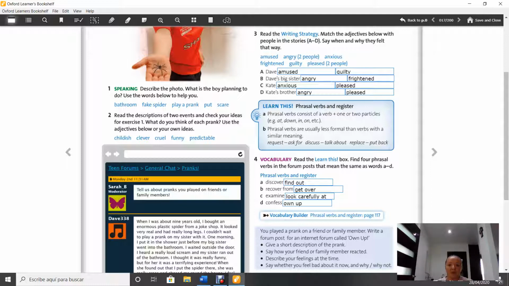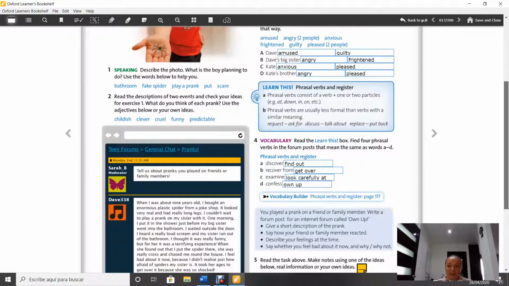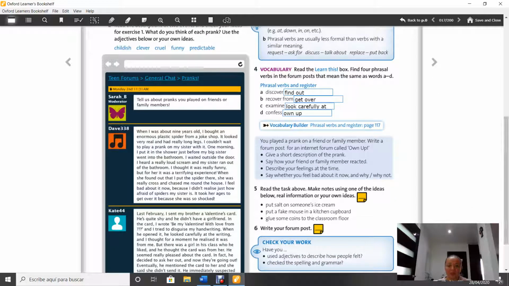Discuss, talk about. Both mean the same. Replace, put back, okay? Now you have to find 4 phrasal verbs in the forum post here that mean exactly the same as the words A to D. Try to look for these words and then you can check your answers with my answers.